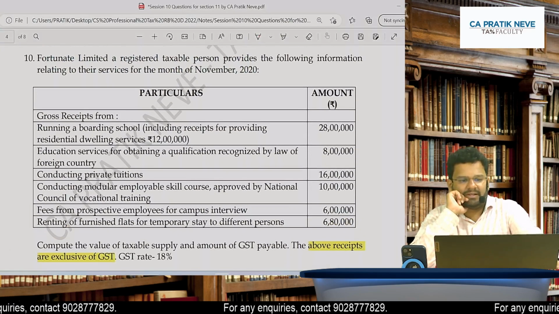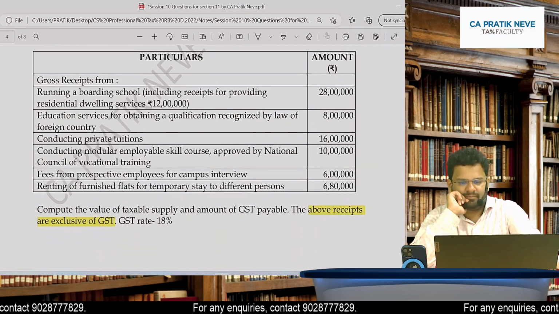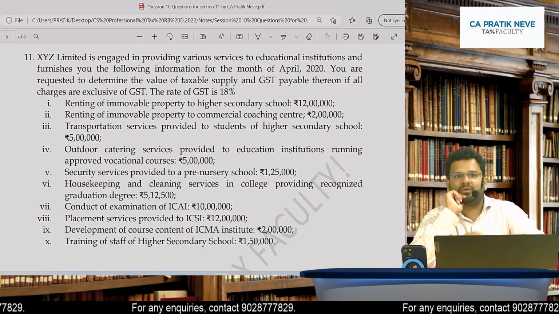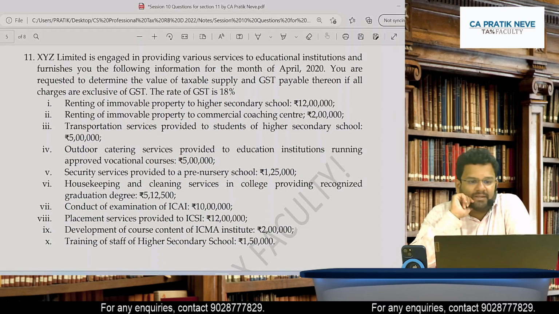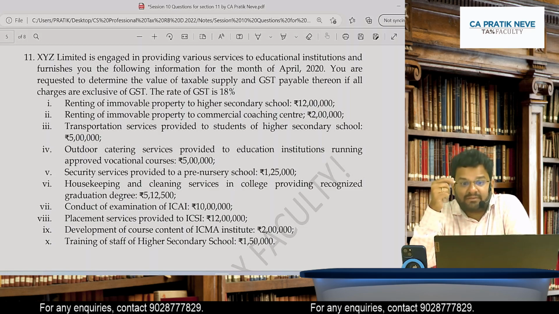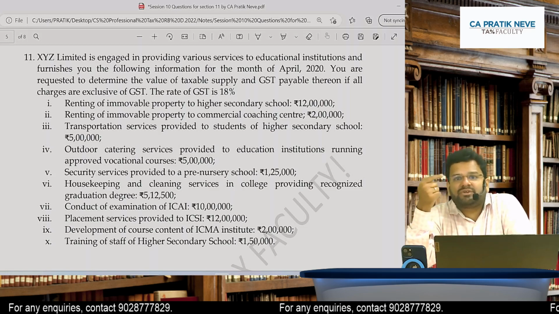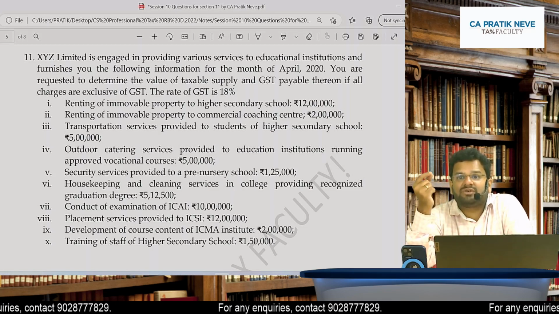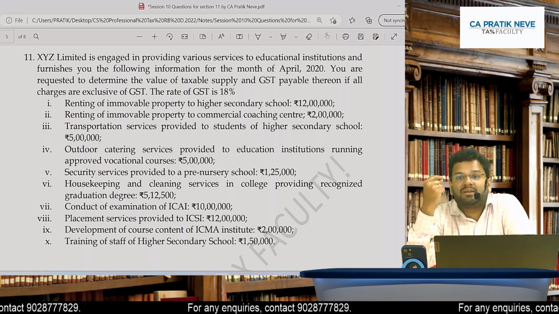And let's see now this question. See this 11th question now. XYZ Limited is engaged in providing various services to educational institutions. Means, tell me friends, for educational institutions now, it is an inward supply?